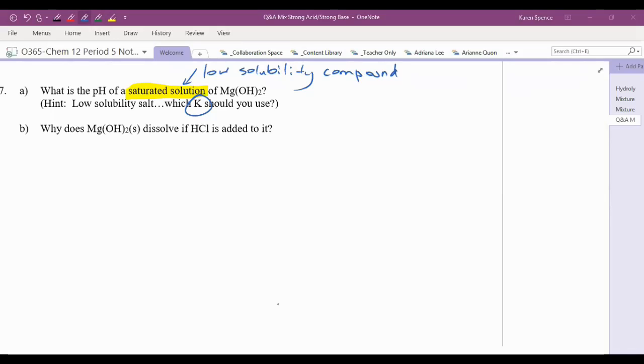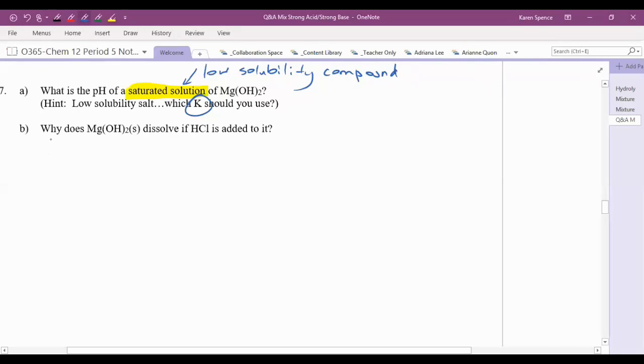All right, awesome. So, do we remember when we're doing a Ksp, where does the solid go? Does the solid go on the left or does the solid go on the right? Yeah, it goes on the left.